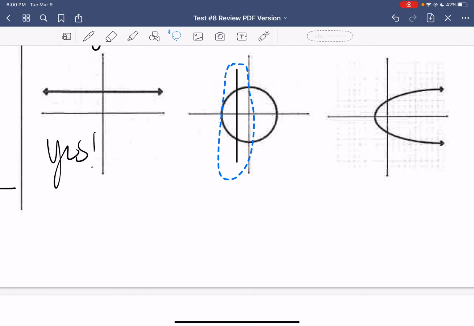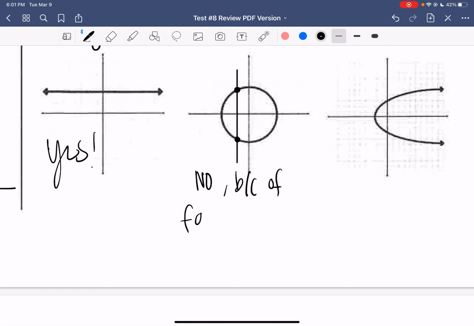So when we pause here, as we're moving across the circle, we see that the vertical line touches the graph twice, which is a no to a function because of failing the vertical line test.